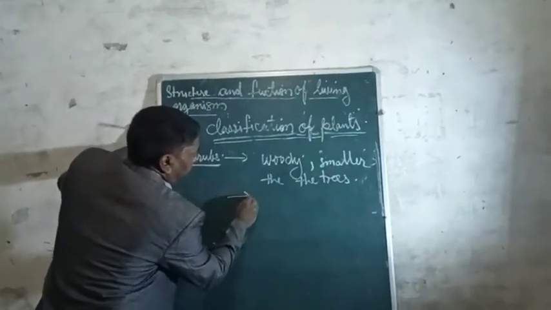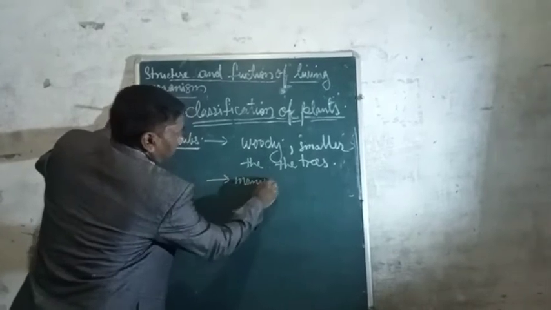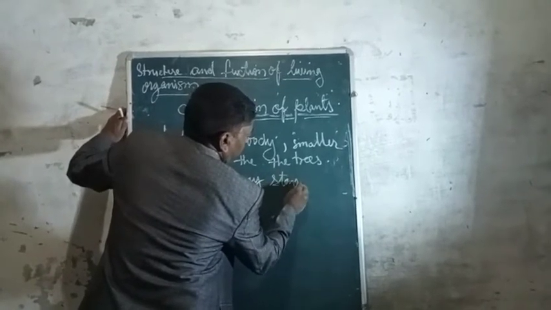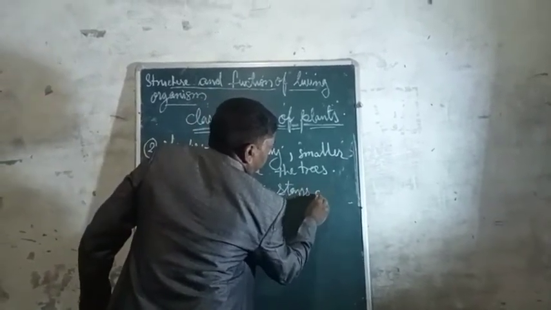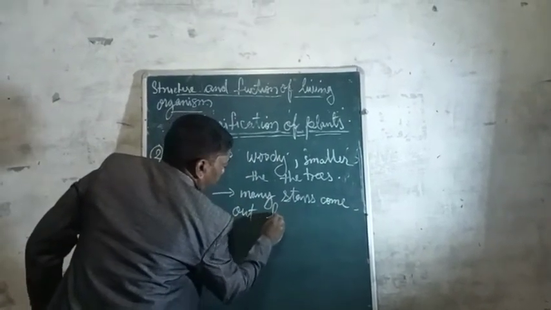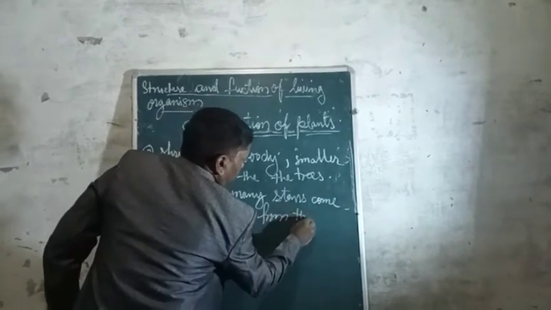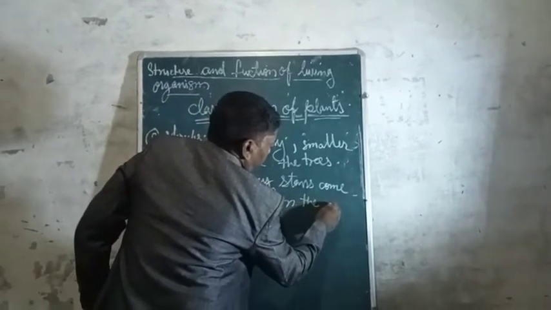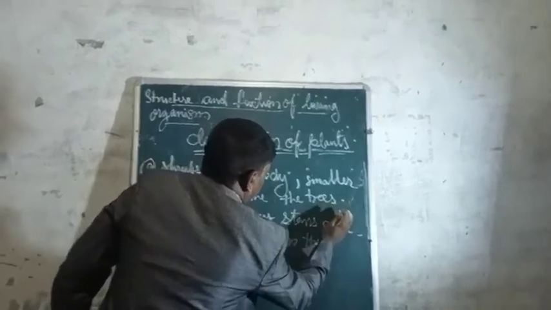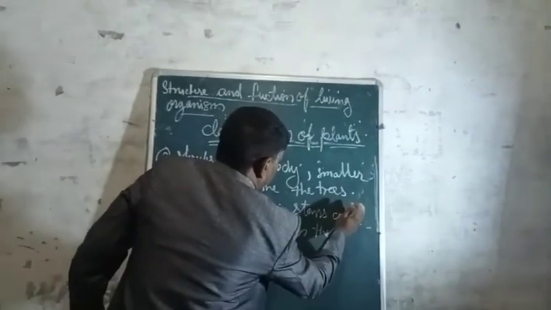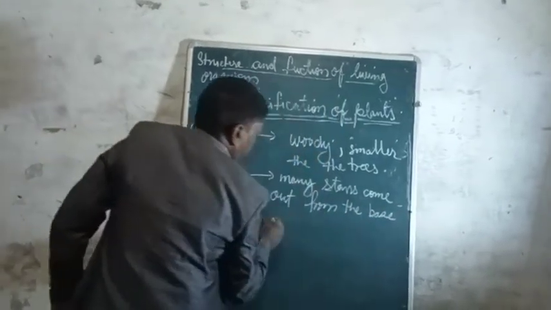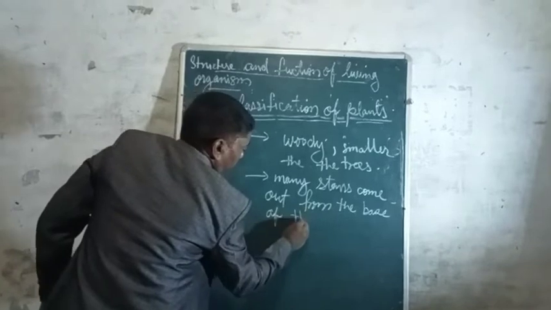And the second point is many branches, many stems come out from the base of the shoot.